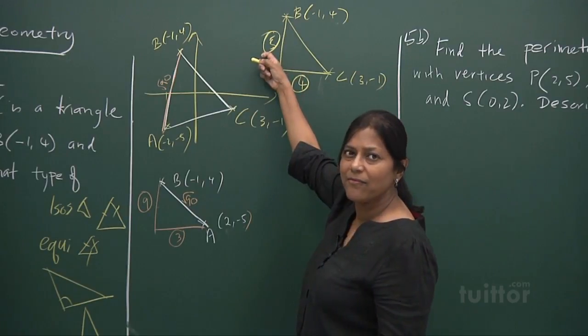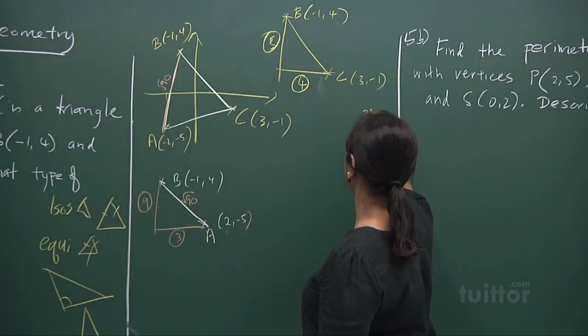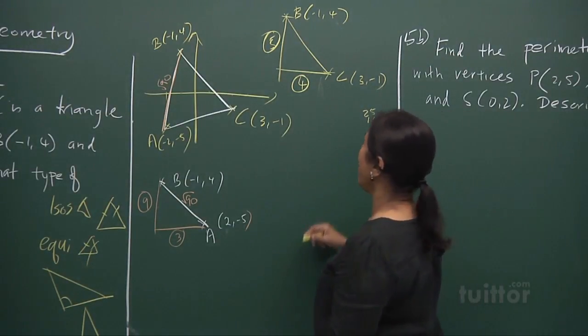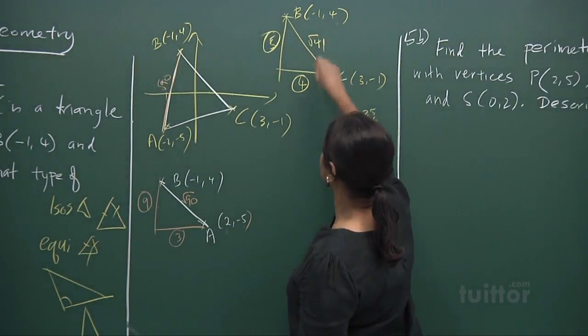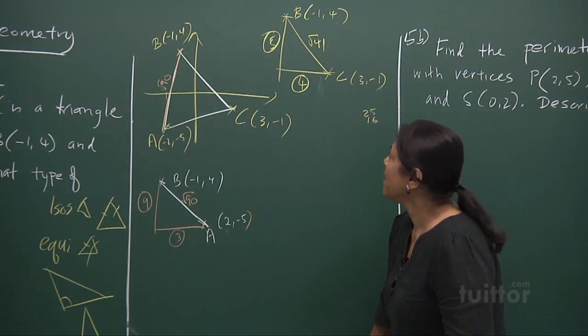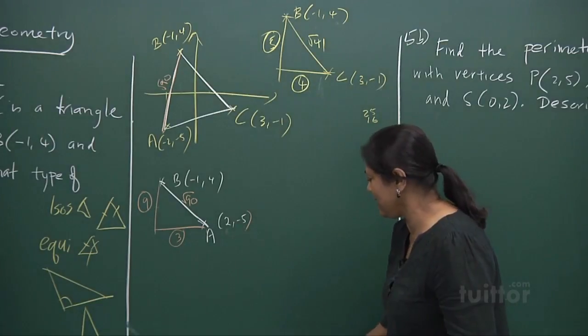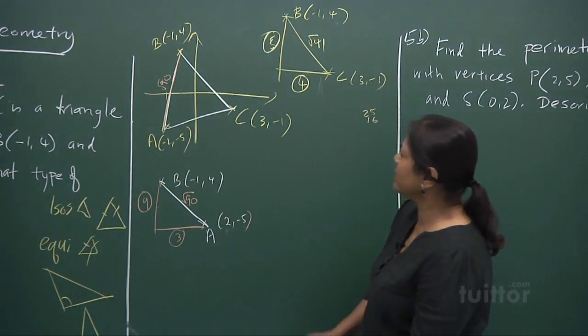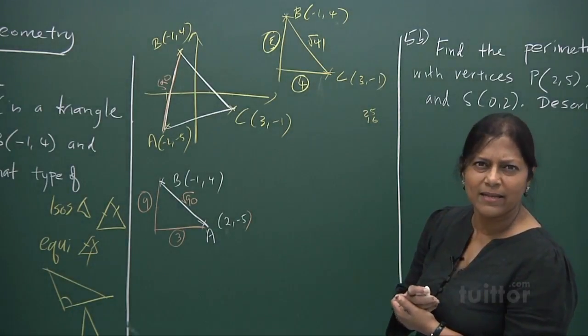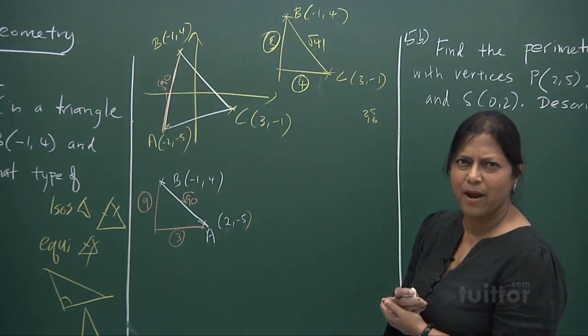So you've got 25 plus 16. What will that be? 41. Oops, it looks like something. The square root of 41, that's the length of BC. But are we on the right track so far? Let's check it out again. It doesn't look so right, does it? 41, a prime number.